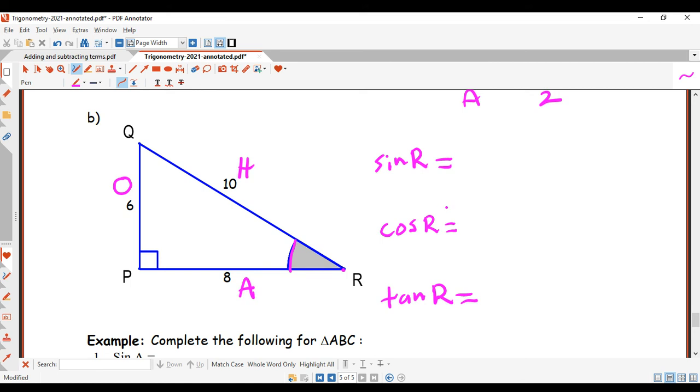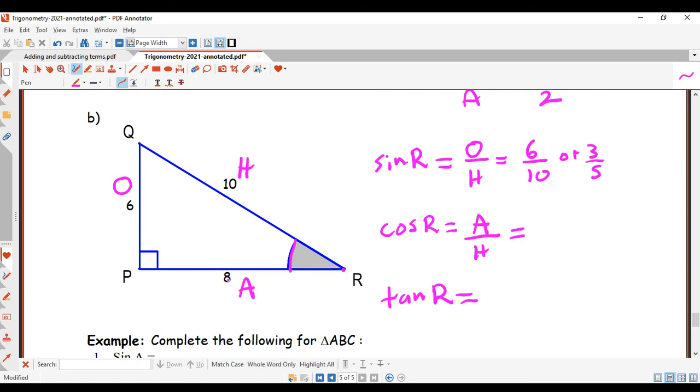I always write down the formulas so I don't make a mistake. Sine is opposite divided by hypotenuse, which is 6 over 10, or you could simplify that to 3/5. Cosine of r is adjacent divided by hypotenuse. So just dividing two sides of that triangle.